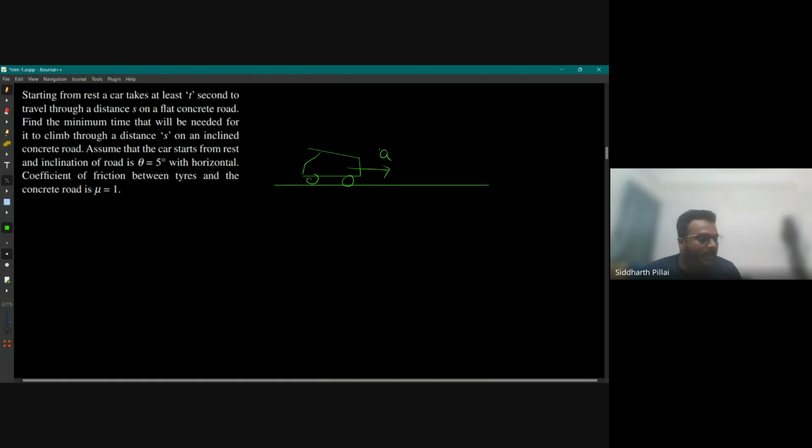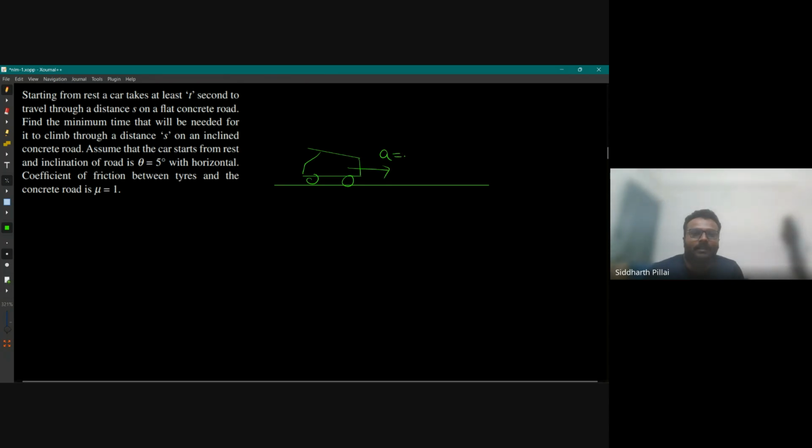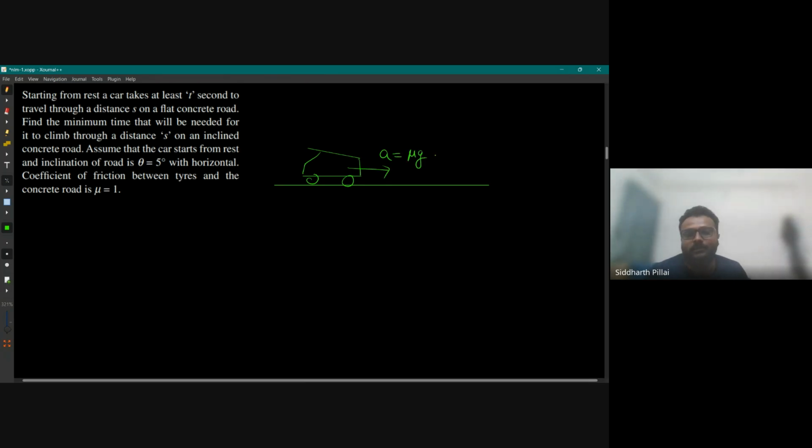What is the maximum acceleration of this car on a road? Mu g. Yes, right. So this maximum acceleration is mu g. Any more than this, the tires will start slipping. So the maximum acceleration it can have is mu g.